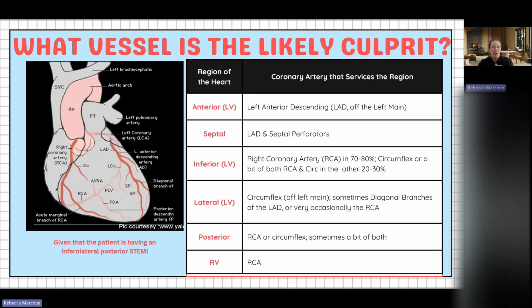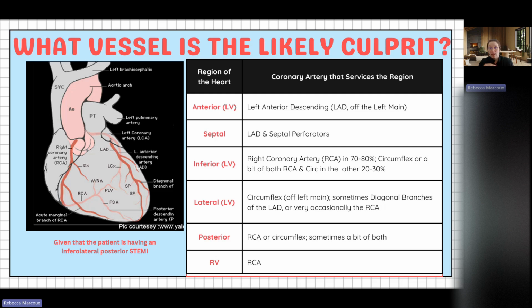So then I added this in too. If we're thinking about this patient having an inferolateral posterior MI, it's hard to know exactly what the culprit is, because each could be the RCA or the circumflex.